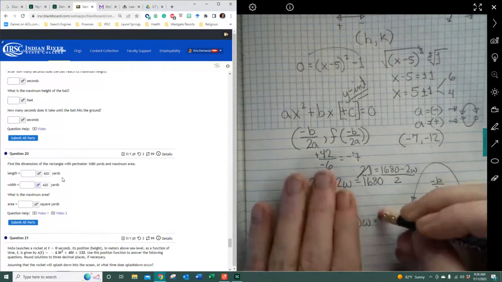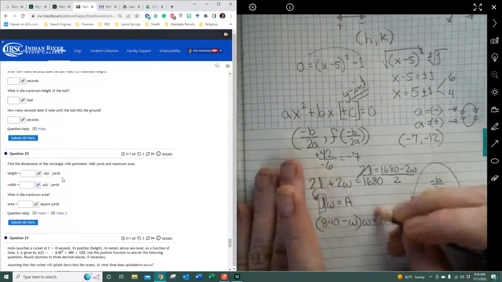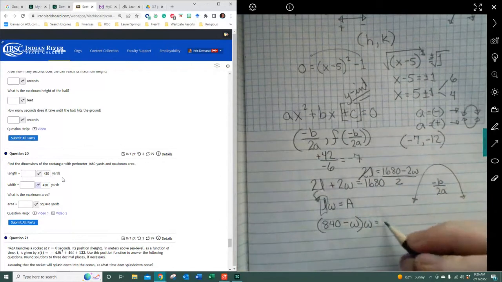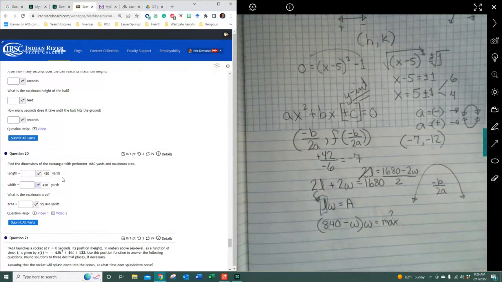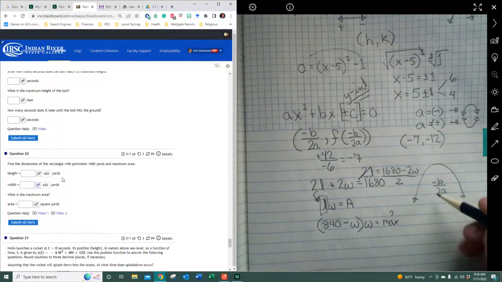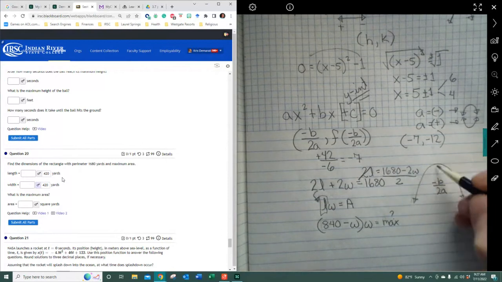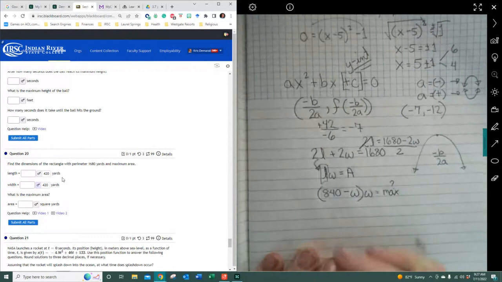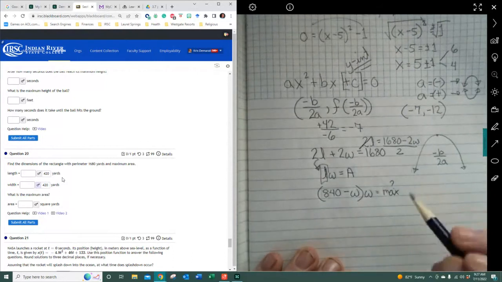We could go ahead and put max, but we don't really care about this. We don't even know what that is, but we just know that this right here will give us the maximum. That's what this exercise is about.